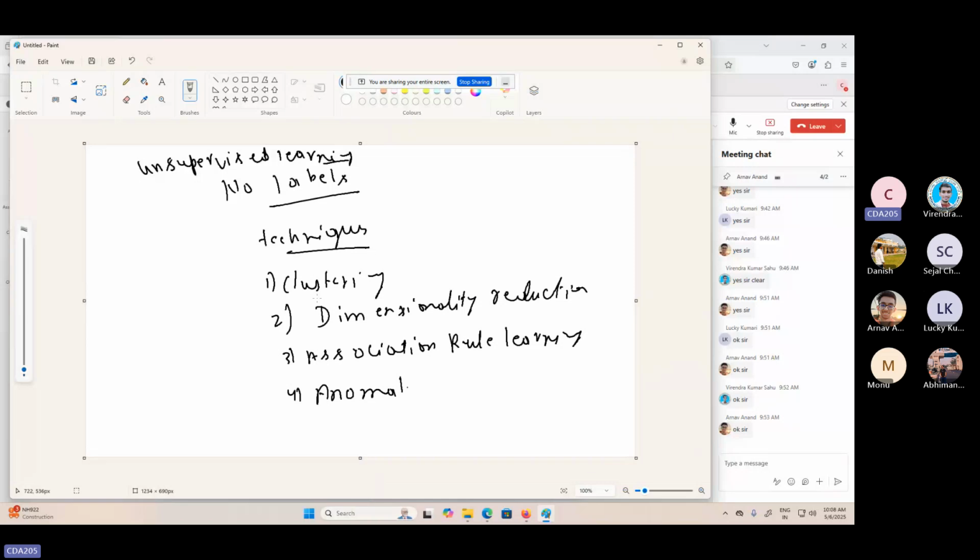But here we have to focus on two things, that is clustering and dimensionality reduction. So we are coming to the next part, that is the clustering part.